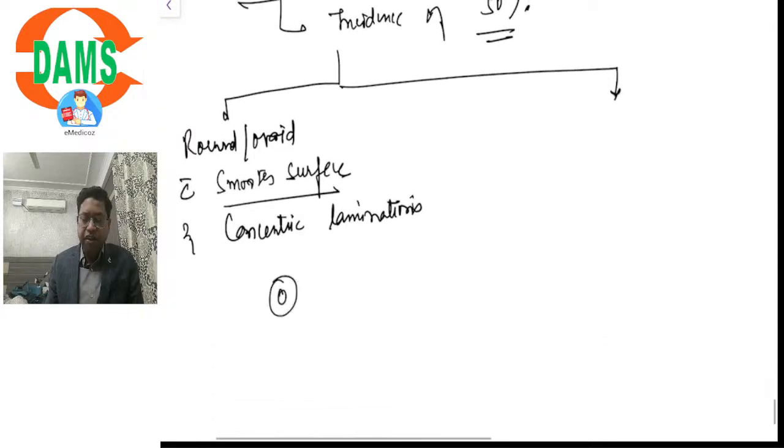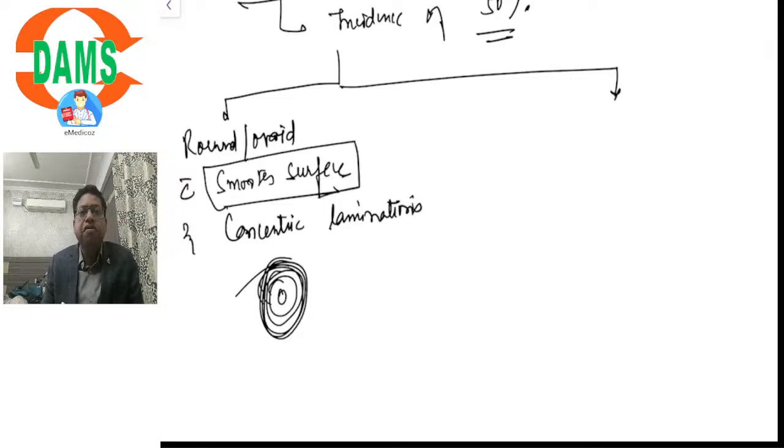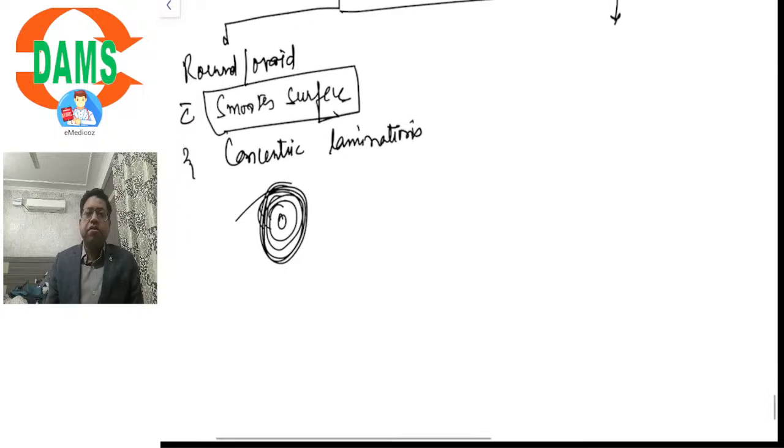So there would be multiple layers like this of pulp stone. They can be round or ovoid, but they would have a smooth surface with concentric laminations. Okay.